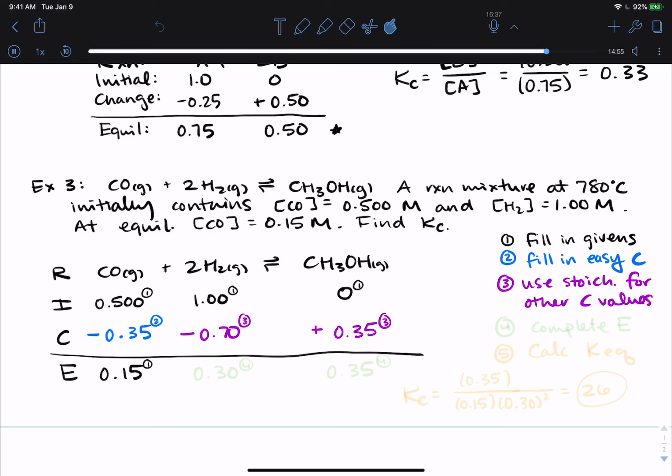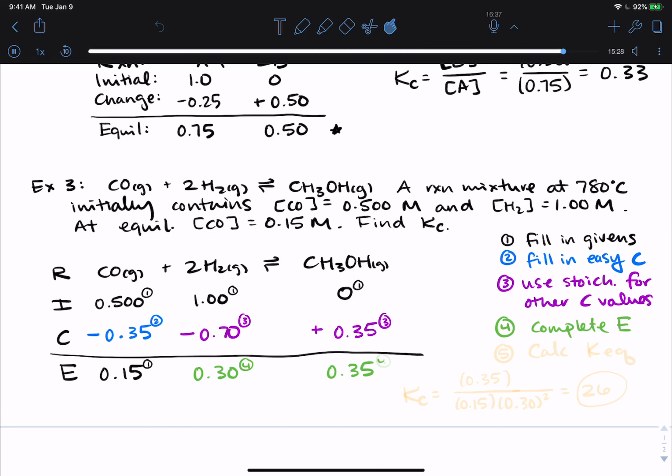Step 4, we'll go green for this one, is to complete the equilibrium row. So I have initial and change for everything. I have equilibrium already for one of them. So in the H2 column, 1 molar minus 0.7 molar, I'm left with 0.30 molar. And CH3OH, 0 plus 0.35, I've created 0.35 molar.